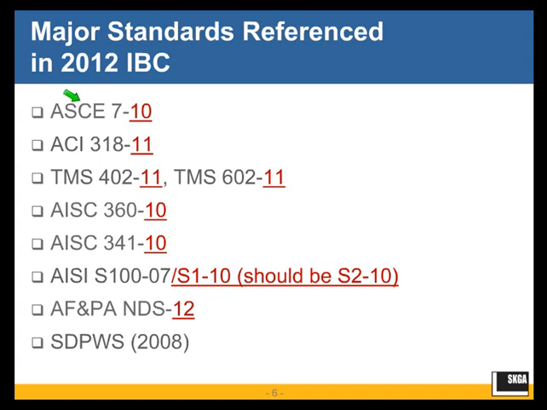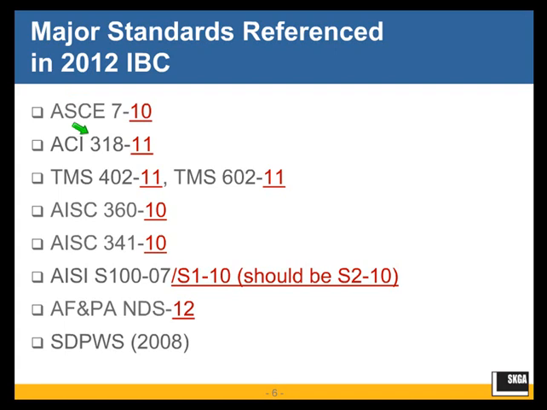And that standard is what structural engineers most frequently refer to. Now, you enjoyed using ASCE 7-05 for 6 years with the 2006 and 2009 editions of the IBC. And ASCE 7-10 will be referenced not only in the 2012 IBC, but also the 2015 IBC.